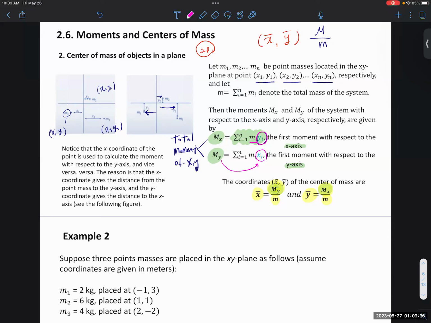If I go back to this image, you are describing m1. The y is vertical, so this is the distance with respect to y, this is the distance with respect to y, and this is the distance with respect to y. But there's also a difference in terms of the x variable.